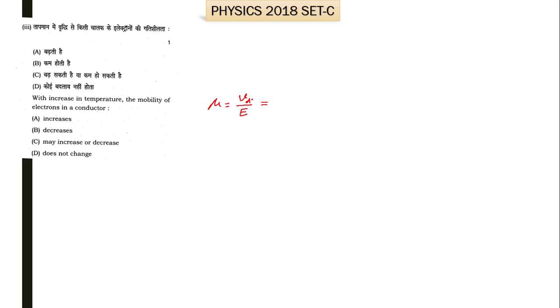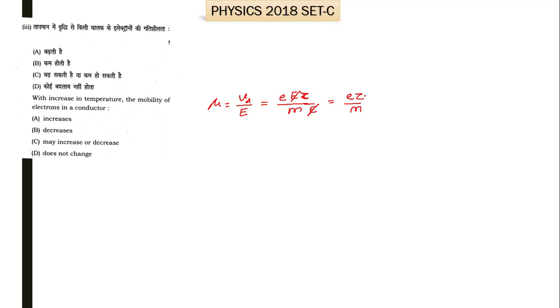We know that drift velocity is equal to e tau E by m, where e is the charge on an electron and capital E is the electric field, tau is the relaxation time. Relaxation time is the time between two successive collisions and m is the mass. Here E is there, so cancelling E with E, we are left with e tau divided by m.